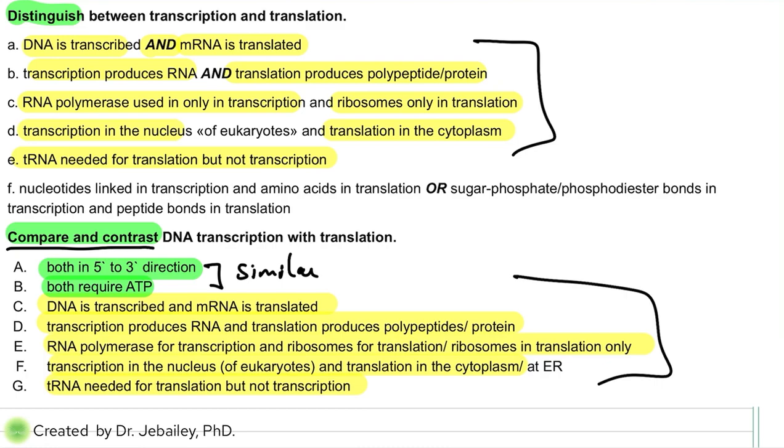Now here, in the bottom, we also have nucleotides linked in transcription, amino acids in translation, or sugar phosphate bonds. Now look at this bottom here. Nucleotides linked in transcription and amino acids in translation, or sugar phosphate bonds in transcription, peptide bonds in translation. So here they're saying the different bonds, right? You can use the phosphate bonds for DNA, coming of course from the transcription to RNA, or you can have the peptide bonds in the amino acids.